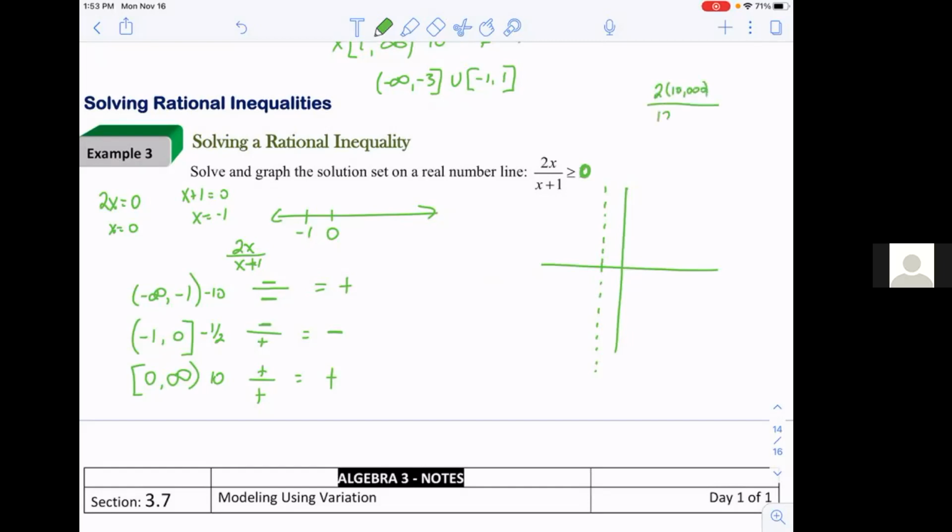We're going to put 10,000 in for x. And if I do that on my calculator, 20,000 divided by 10,001 is 1.9998.